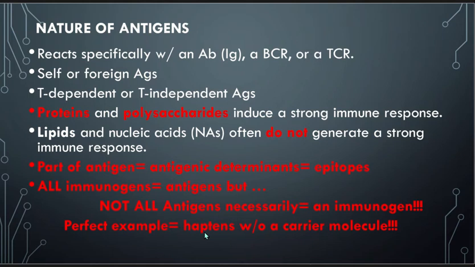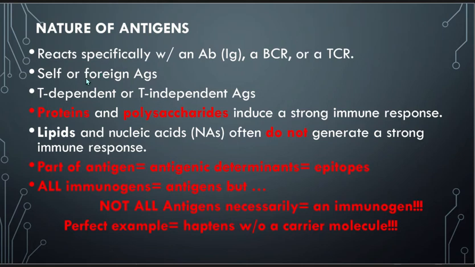The way to make a hapten molecule immunogenic would be to couple it with something that is going to induce a strong immune response. And lipids and nucleic acids usually are not as immunogenic. So just keep that in mind.